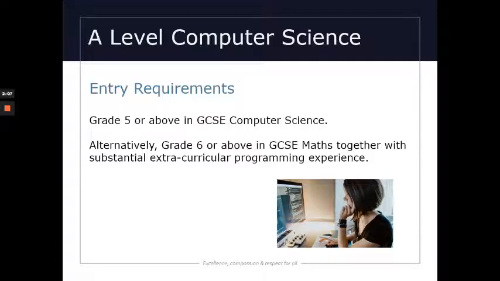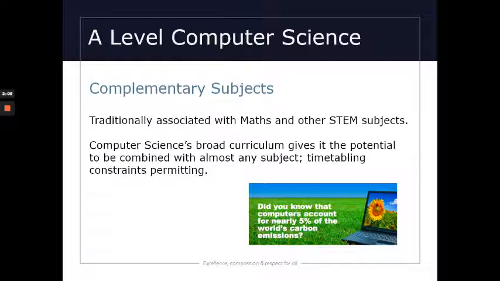The complementary subjects is a bit of a difficult one, because traditionally computer science has been associated with maths and other science related subjects, but it's got a very broad curriculum. We're looking at the wider issues related to computer science and how it impacts on the world, so you could argue that almost anything will go with it.